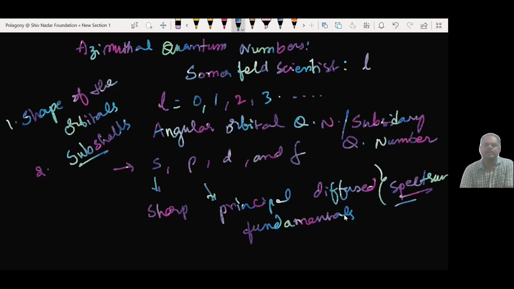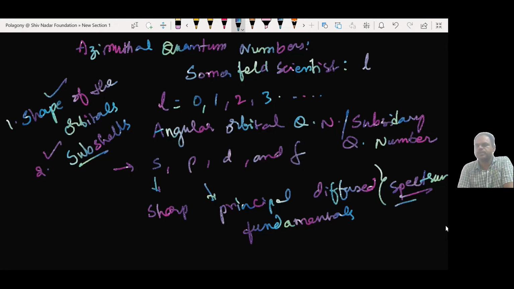So the azimuthal quantum number tells about the shape of the orbital and subshells.